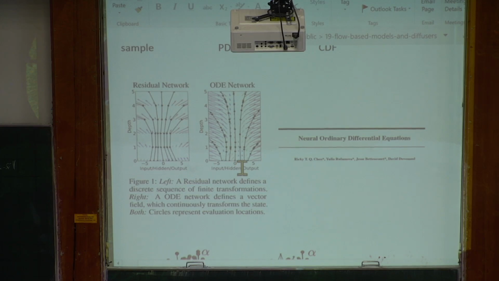And then I can integrate motions here. Now I'm not restricted to do this at equidistant times, but I can use an off-the-shelf ODE solver and sample this underlying flow field at arbitrary times.